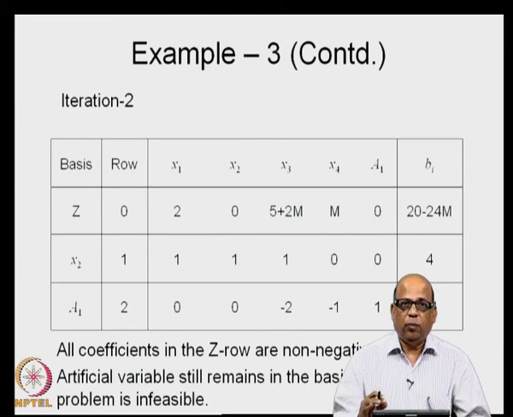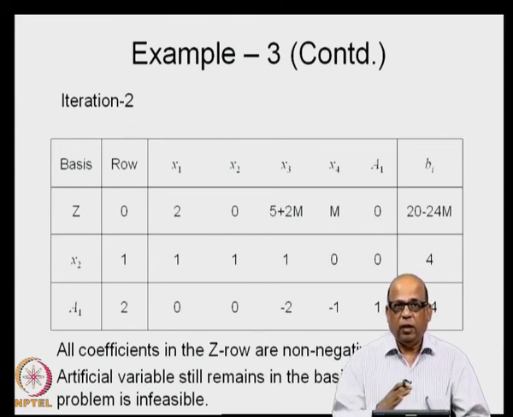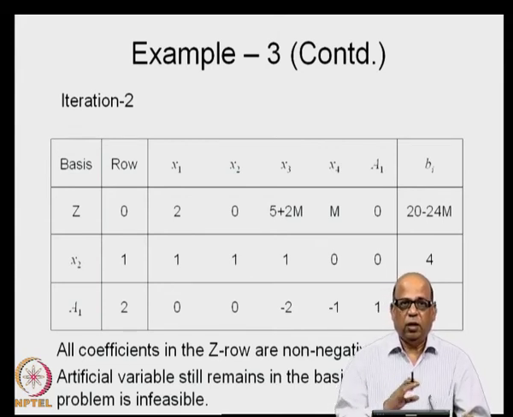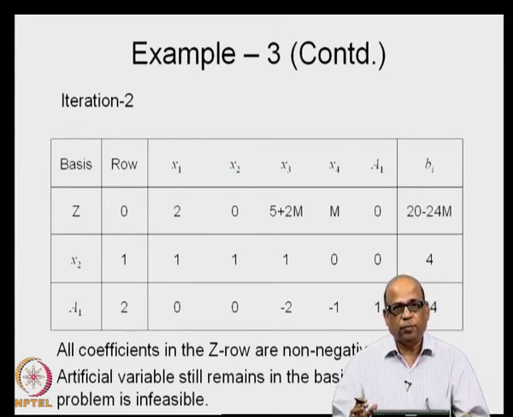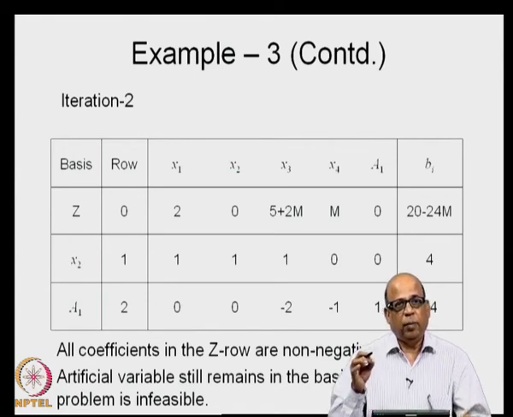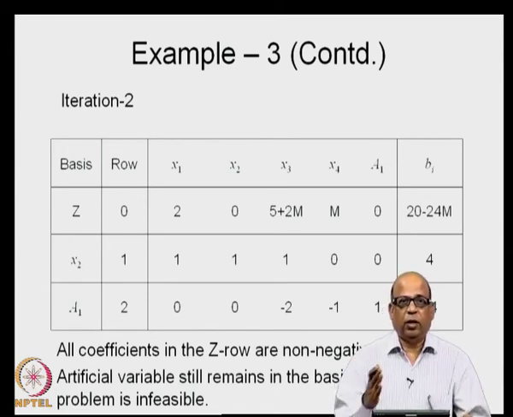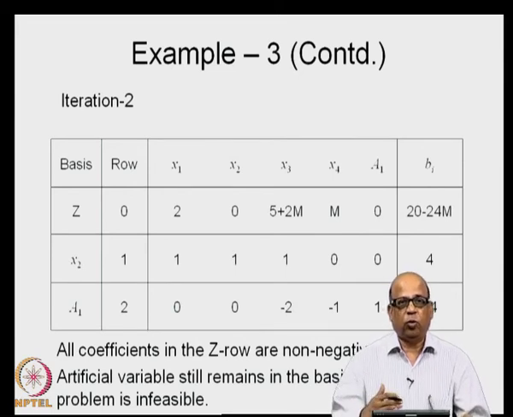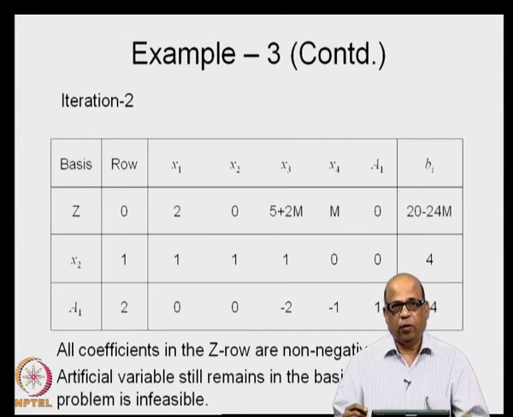You identify the unbounded solution where, in any of the intermediate iterations, remember you have not hit the optimal solution yet, you are able to identify an entering variable, but there is no corresponding departing variable, which means that the solution can be increased to infinity for a maximization problem, and therefore that becomes an unbounded solution.